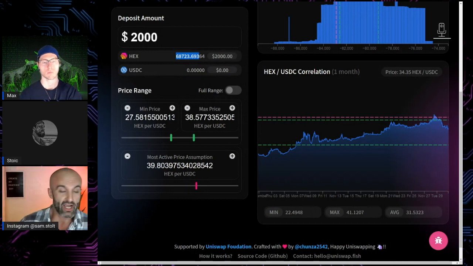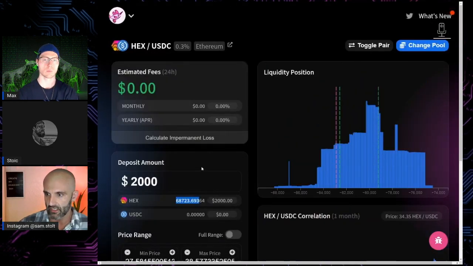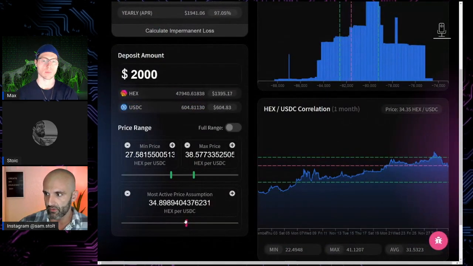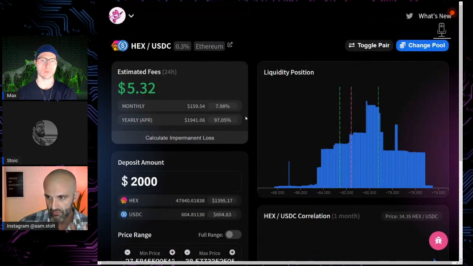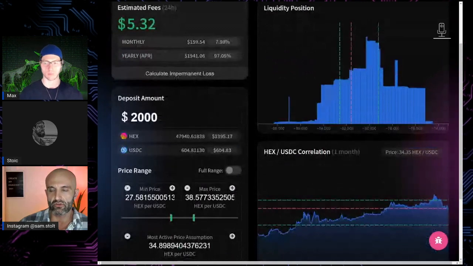One of the strategies that I like is thinking about it from a coin count perspective. So say, for example, in this example, we're at $2,000. When the price is in your range, if you chose this specific range, you're earning about 8% a month, right? You're earning $150 a month. Cool. Well, what if you took your $150 minus fees and you decided to buy the asset that you wanted, right?